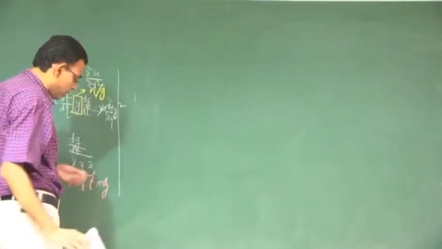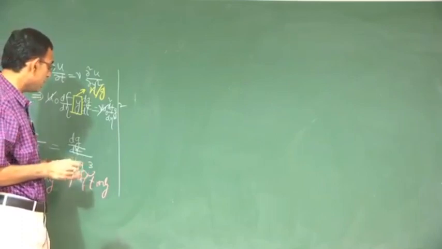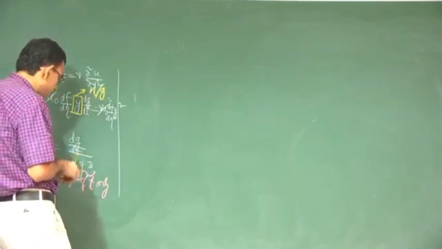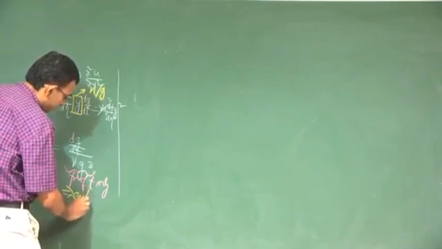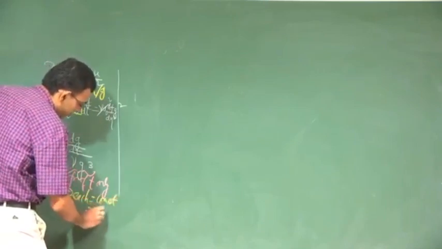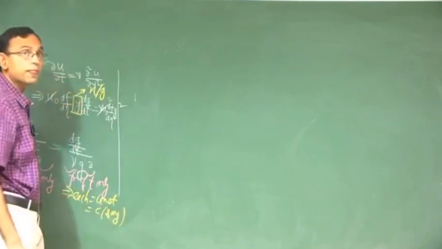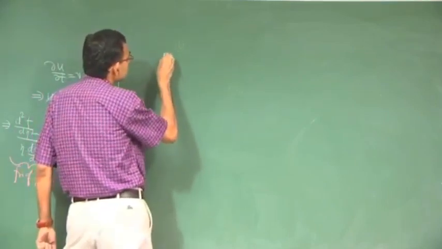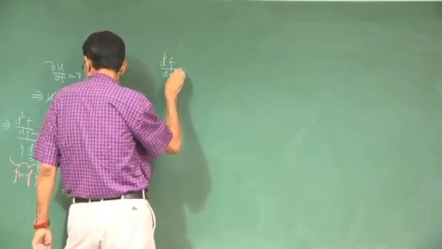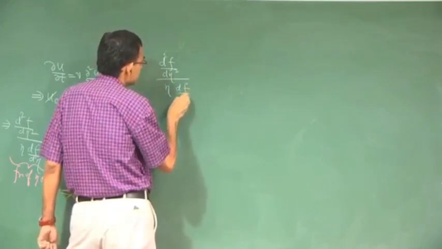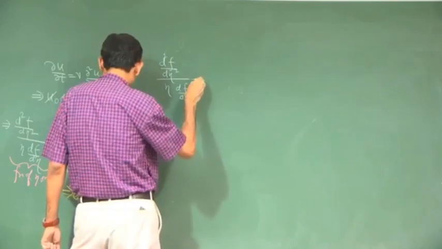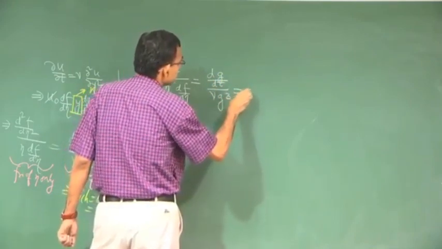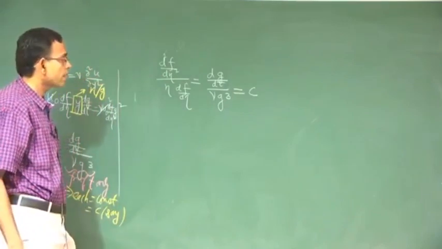A function of eta only can equal a function of t only if each is a constant. So, this implies this one.